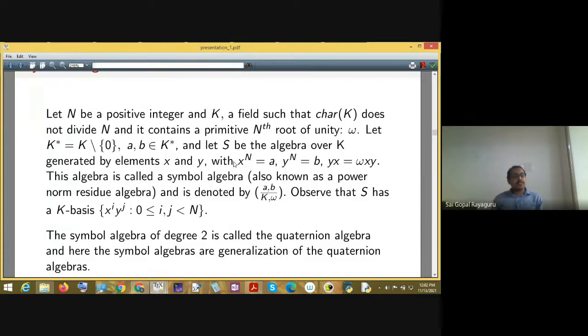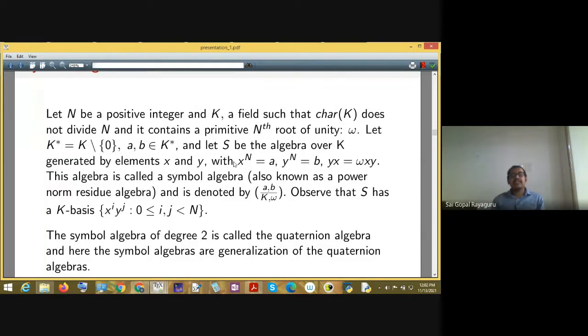So in symbol algebra, there are many things to be considered at a time. Let n be any positive integer, and k a field for which the characteristic of k does not divide n.